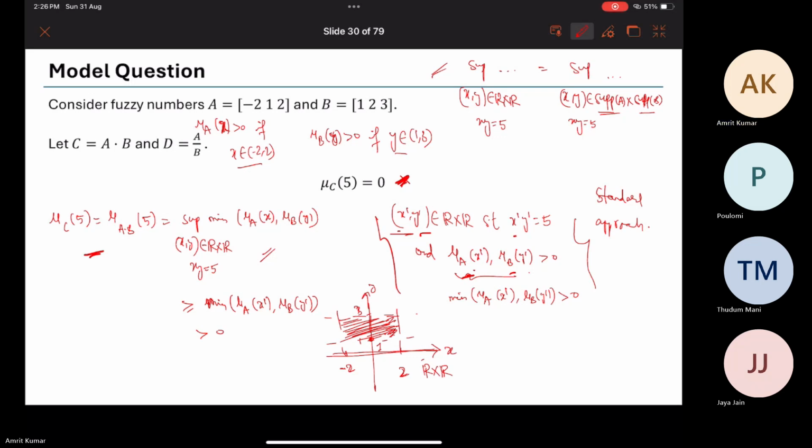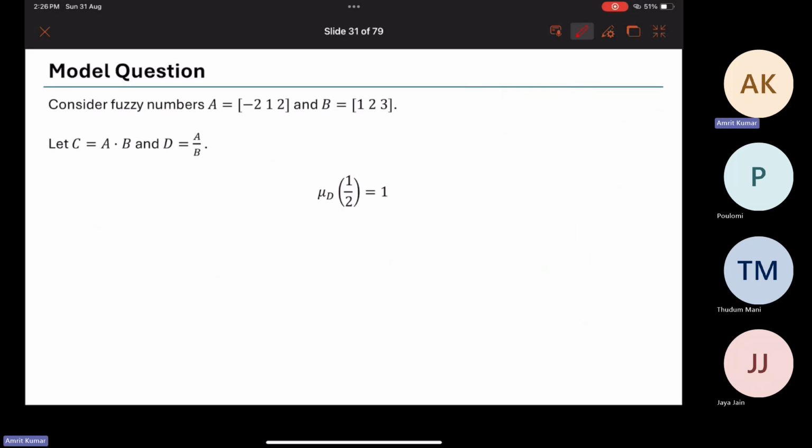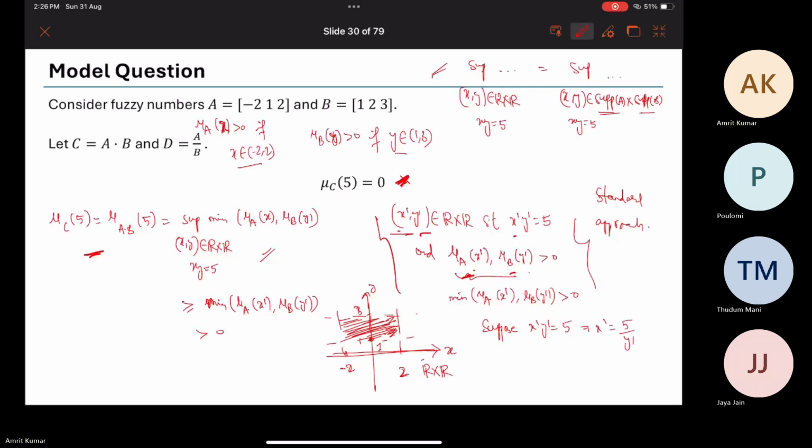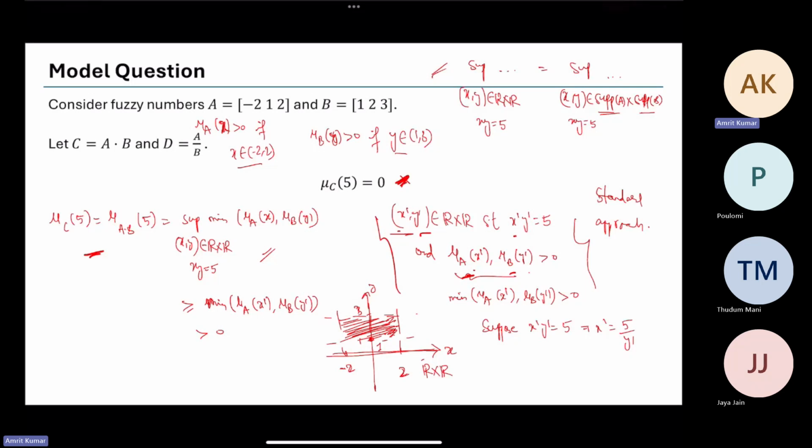Now, suppose that we have found a pair. So let us suppose that there exists a pair x dash and y dash such that x dash times y dash is 5. Then that means that x dash is 5 by y dash, right? I'm running out of space here, so maybe I'll erase some.